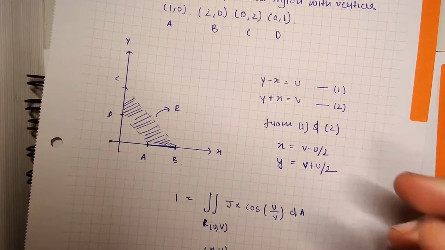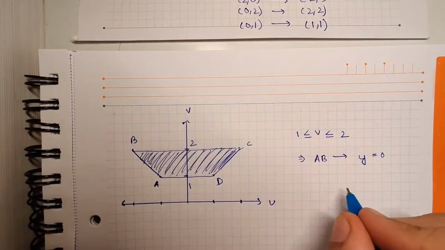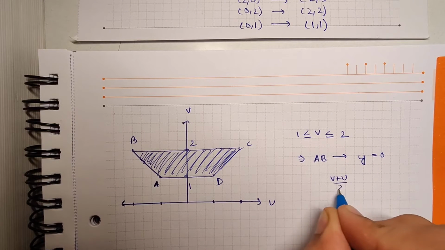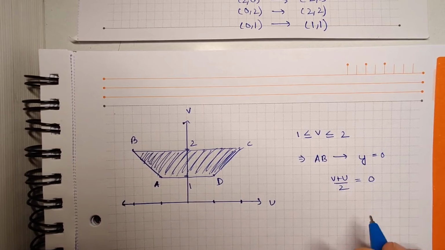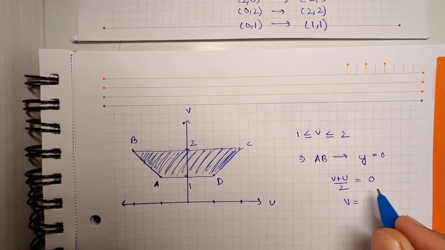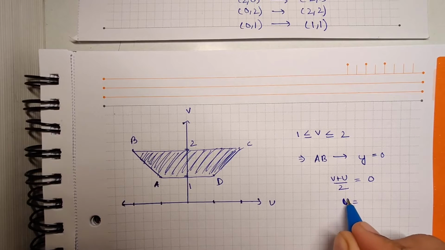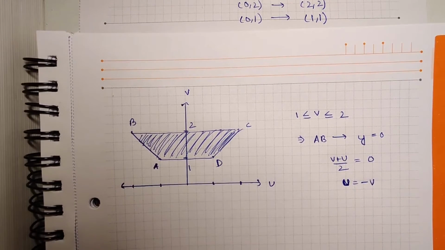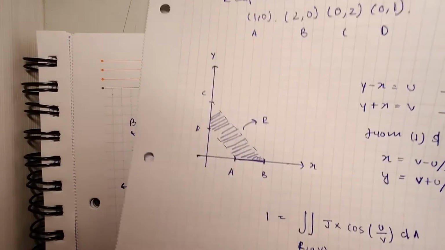Now y was actually (v + u)/2. That is, (v + u)/2 = 0. This gives us u equal to minus v.